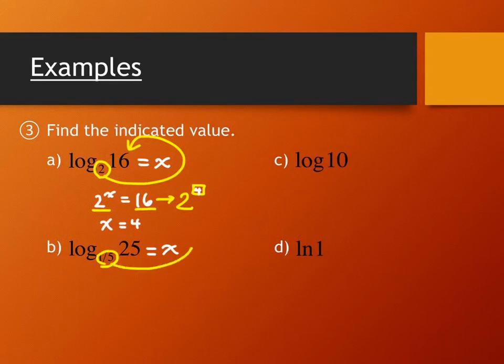Okay, so you should have started with the 1/5, drawn your arrow, and your exponential notation should look something like this. 1/5 to the x equals 25. Is everybody good with that?